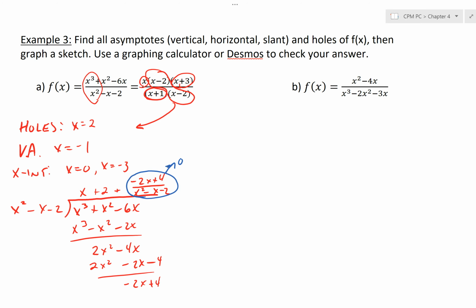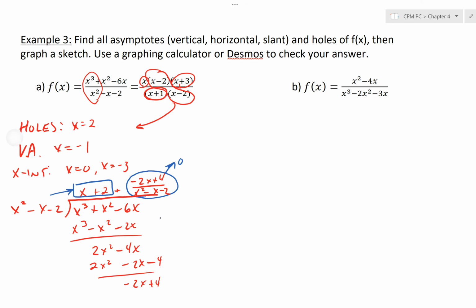So it becomes insignificant. It's the linear part that creates our slant asymptote, because as x approaches infinity or negative infinity, this fraction part becomes insignificant, so the curve f of x starts to act like x plus 2, which means it's going to approach a linear function.